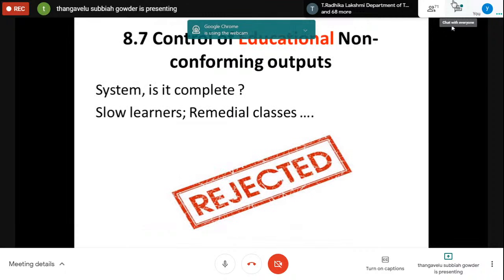Suppose if it is rejected. Okay. So this non-conforming output means failure students, attendance shortage students and disciplined students. What is the method in our college? For slow learners, we are having remedial classes. Have we really conducted them?